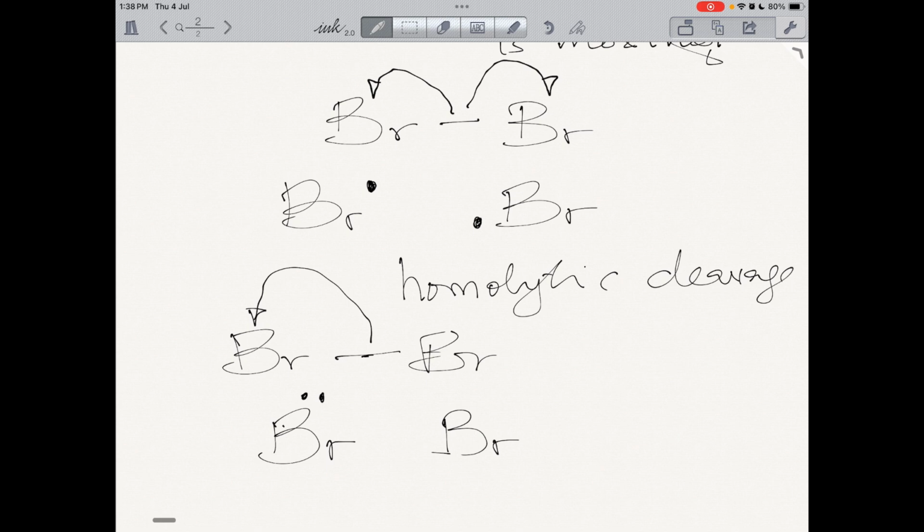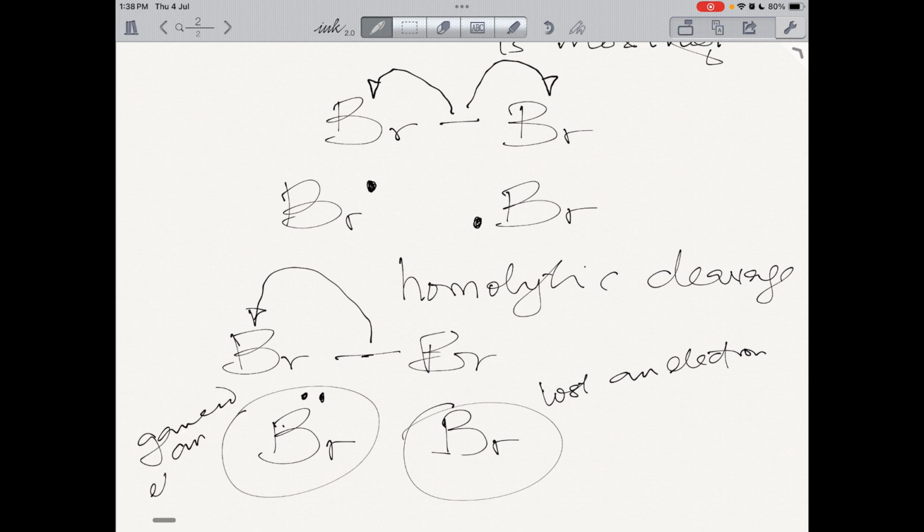So technically, this bromine atom has lost an electron, and this one has gained an electron. You may want to say it has gained two, but actually one of them was originally donated by itself.